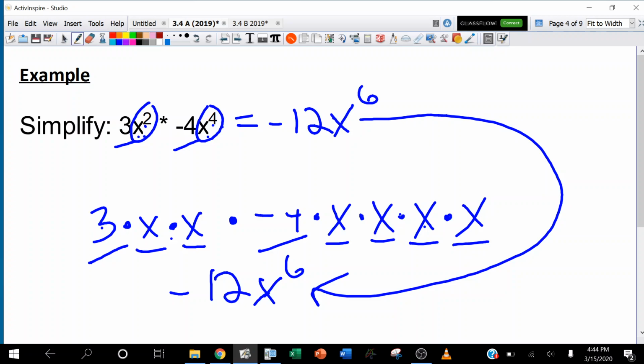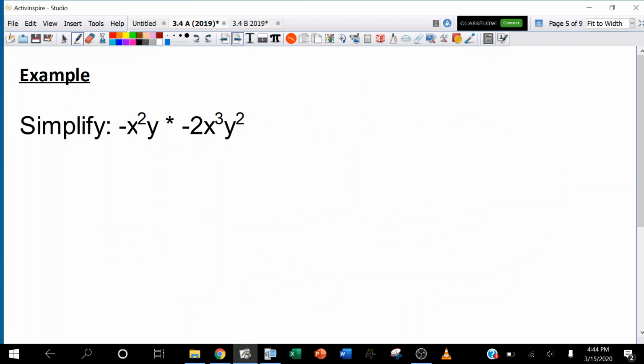And then another thing that we do with this is we have 2 different variables and coefficients, numbers in front of the terms there. Just notice with this first term, there's no number in front of the x, so I'm going to put a 1 there, just like we've talked about with previous problems like that. And then this y right here has no number showing for the exponent, so this would be y to the 1st power.